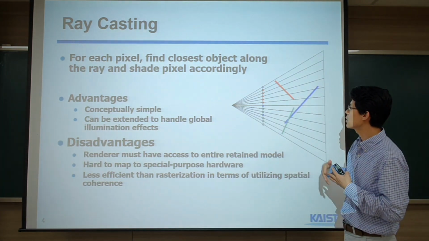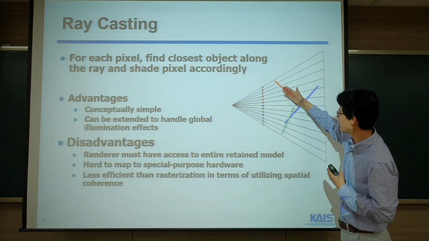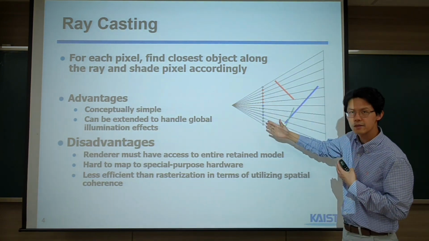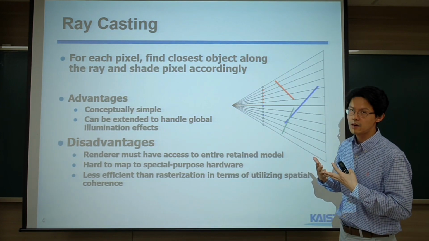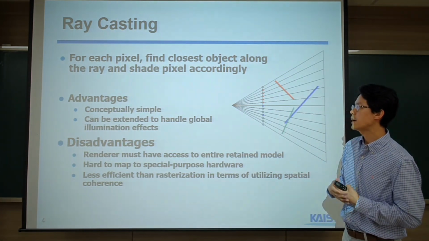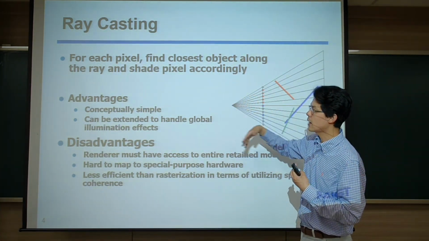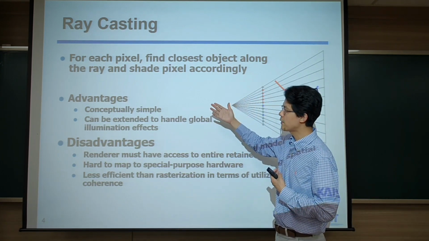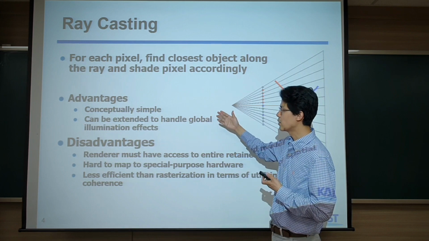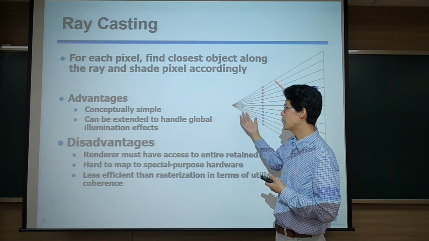We need to talk about how we can project the triangle into image space, what the projection matrices are, and how we can do the visibility test using the depth value. So ray casting is conceptually simple. Also, it can be very easily extended to handle other global illumination effects, which I will talk about later on.